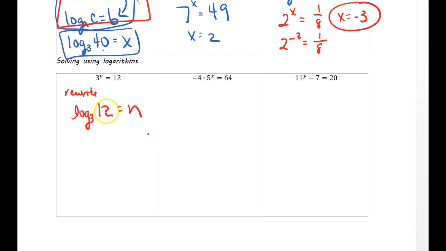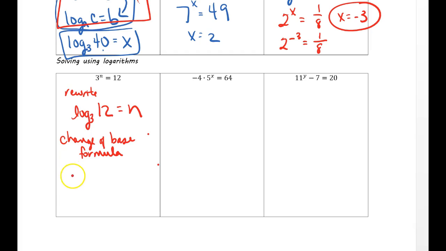If you need to type this in, the way that it's typed in is using a formula. It's called the change of base formula. You need this because if you've got a calculator right now, there is a log button. But if you hit the log button, it's going to look like this.